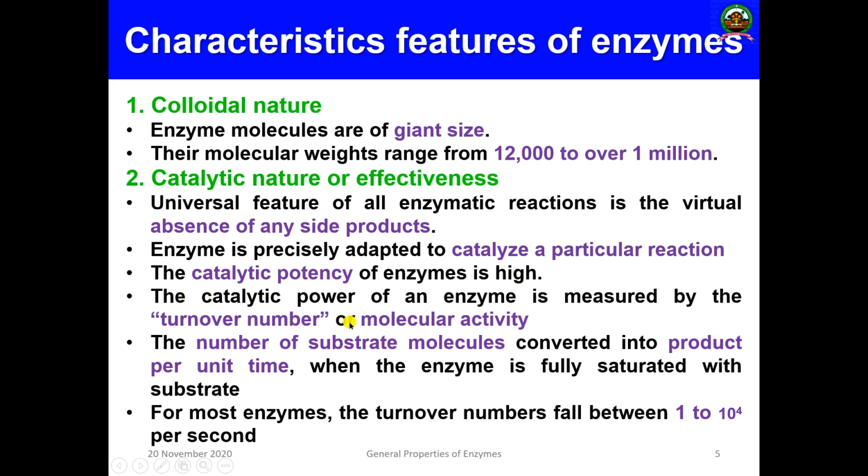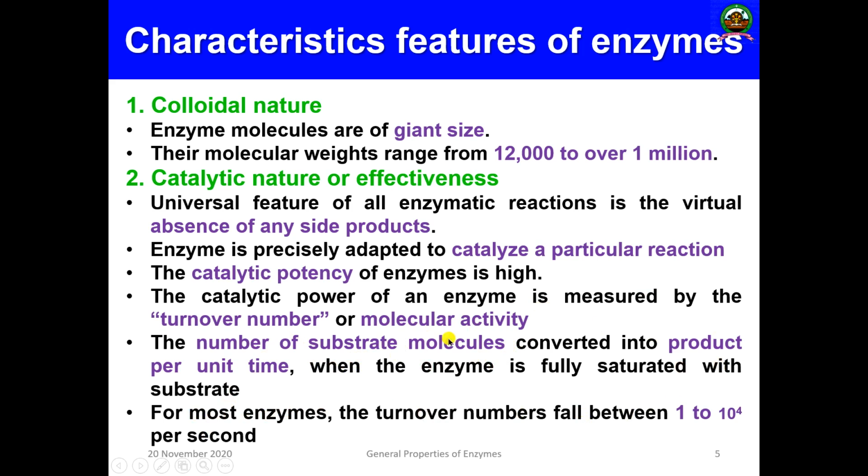Turnover number or molecular activity may be defined as the number of substrate molecules converted into product per unit time when the enzyme is fully saturated with the substrate. This is a very important aspect of enzymatic property.